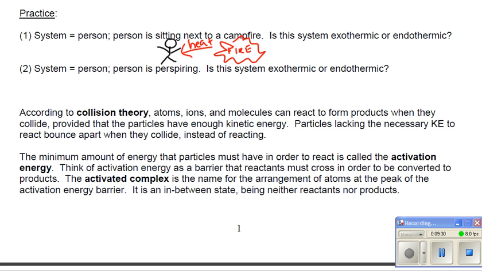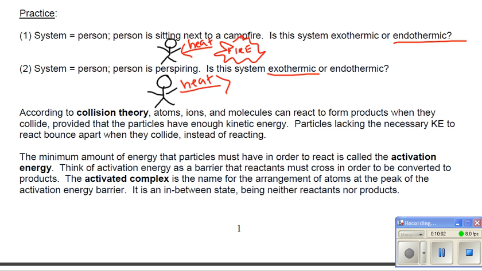If heat is flowing towards the system, this is an endothermic reaction. For number two, here's my person again. This time my person's sweating. So heat is flowing away from the person, making this an exothermic reaction.